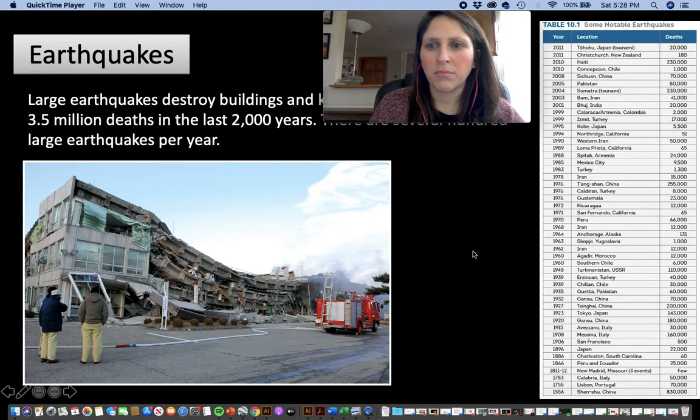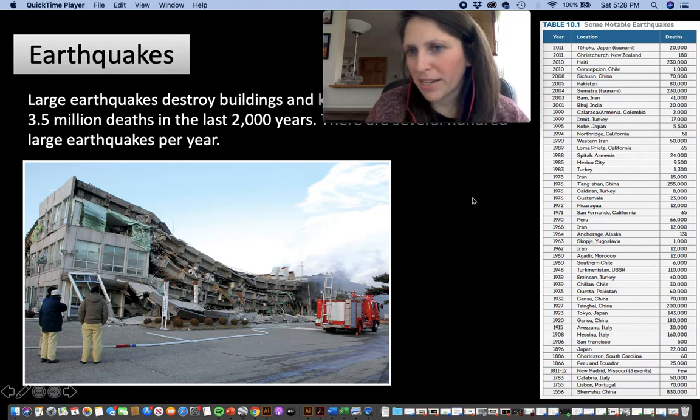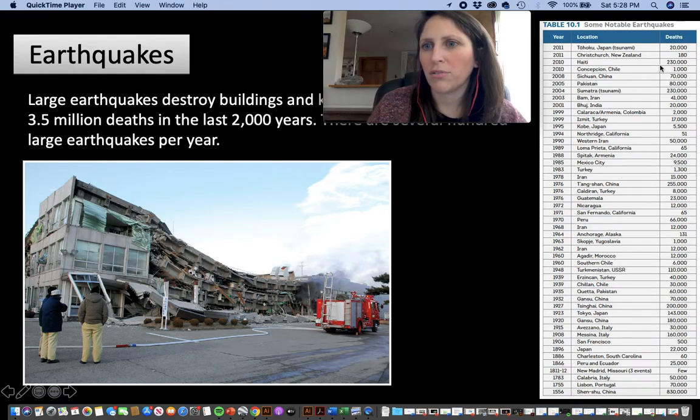Okay, this is a chart. Again, these charts have not been updated in recent years. There have definitely been some pretty significant earthquakes in the past, I guess since 2011, so almost 10 years. So these need to be updated. But these are some pretty significant earthquakes that have happened, and it shows you how many people died.